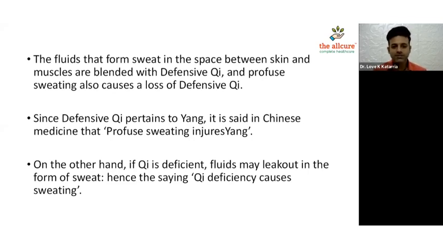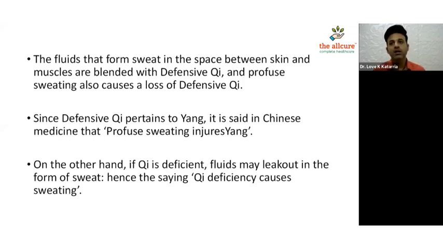Since defensive chi pertains to yang, it is said in Chinese medicine that profuse sweating injures yang. On the other hand, if chi is deficient, fluids may leak out in the form of sweat. So it works both ways.